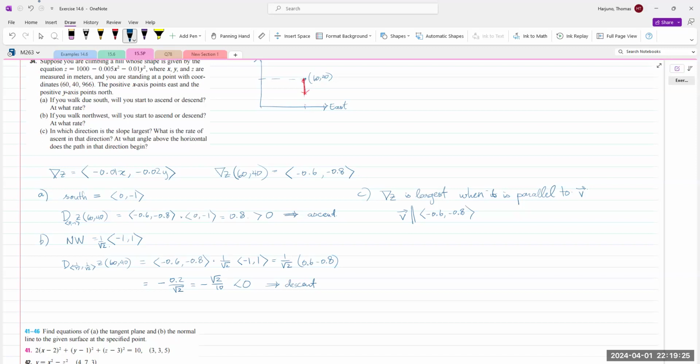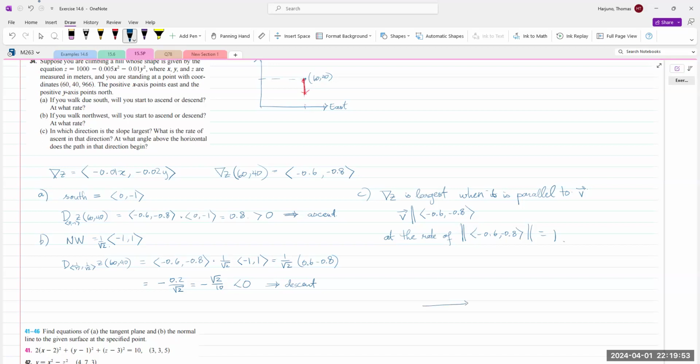So that's our direction. At what rate? At the rate of that magnitude, which is 1. At what angle above the horizontal path does the direction begin? Now, think of it this way.